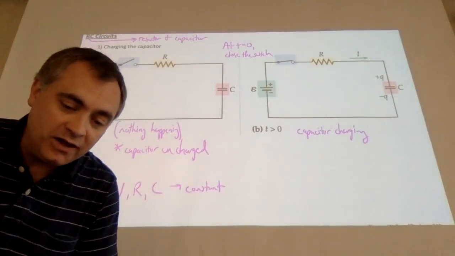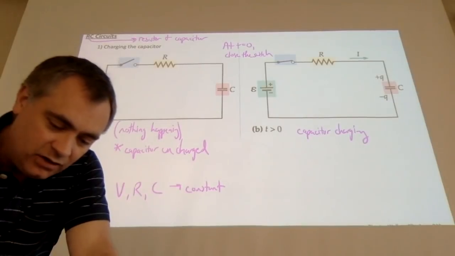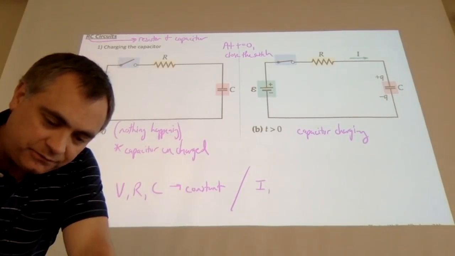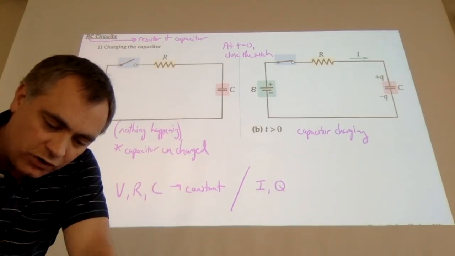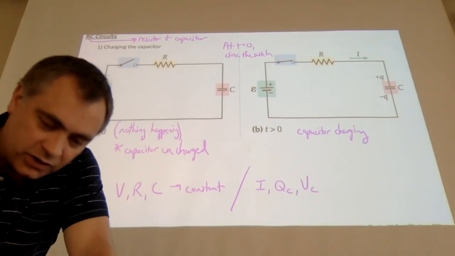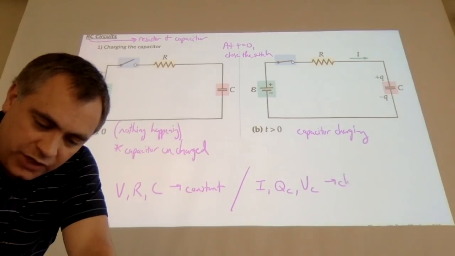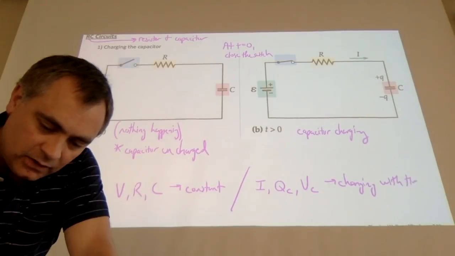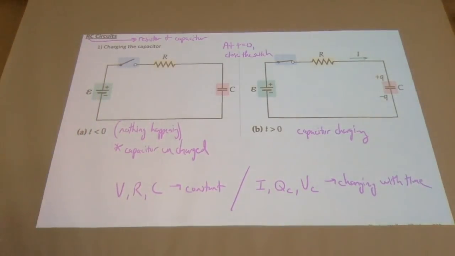But some other things are going to be changing. So we could say that the current in the circuit, the charge on the capacitor, and the voltage across the capacitor will be changing with time.